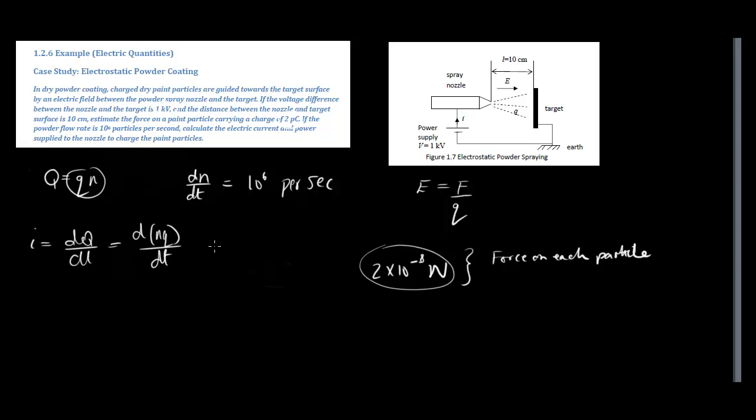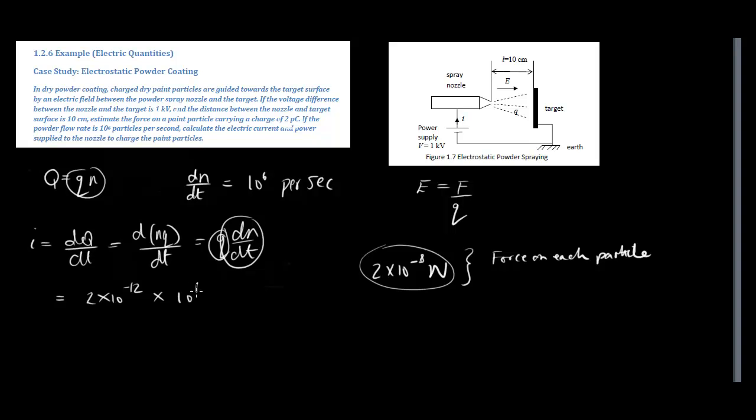What does this give us? Well, q here is constant, so this is q dn/dt. This is 2 times 10 to the minus 12 times dn/dt, because pico is times 10 to the minus 12, and dn/dt is 10 to the 6.